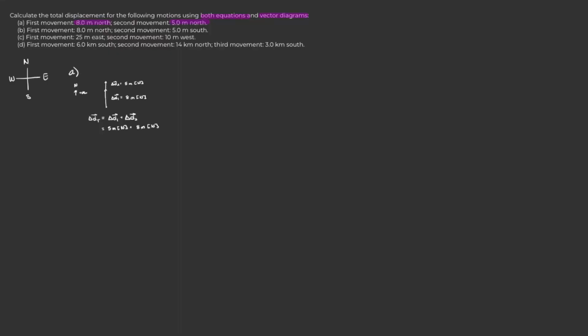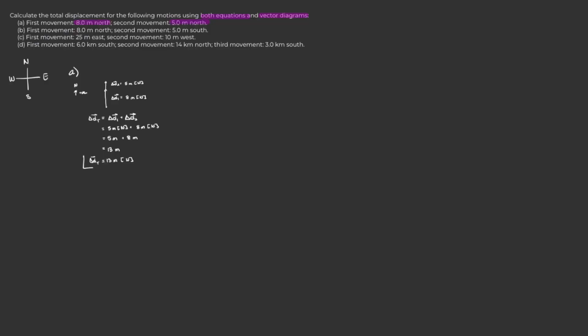In this case, it will be positive because both of these are north. So 5 meters plus 8 meters, and that should just give us 13 meters. Okay. And since it's positive, 13 meters towards the north. And that is our total displacement.